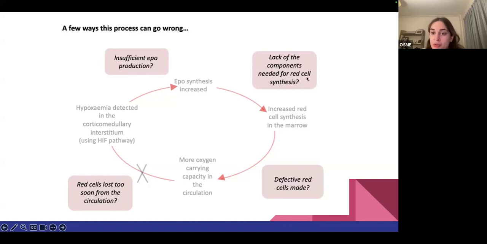If there's lack of components for red cell synthesis, so these are your iron, your B12, your folate, all required for blood production. If you've got defective red blood cells, so this is your thalassemias, your sickle cells, and then your slightly more small print and weird and wonderful G6PD deficiency, or if you've lost red blood cells. So this is where you need to start thinking high reticulocytes. Is there active bleeding? Is there hemolysis?